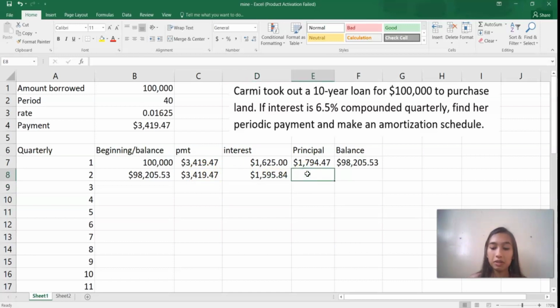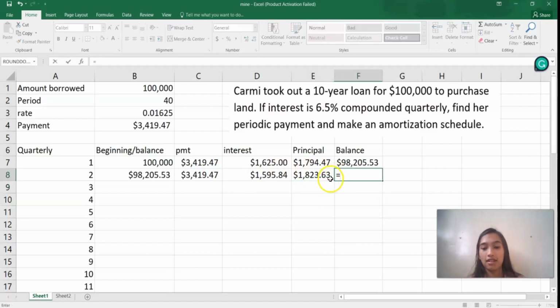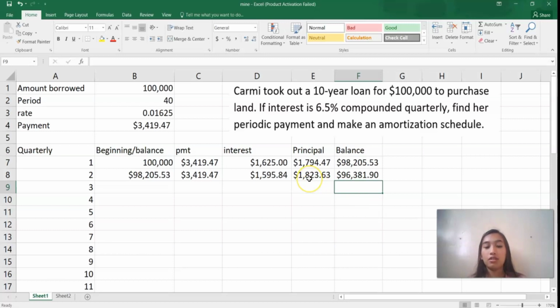To get the principal, we have to subtract payment and interest. And here you go. And to get the balance, again, just subtract the principal from the beginning. And here you go. So after the second period, Carmi has the remaining balance of $96,381.90.